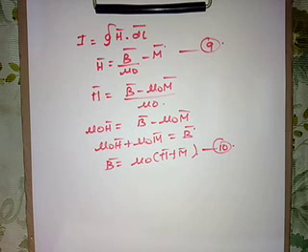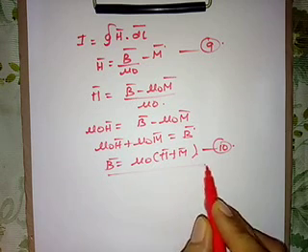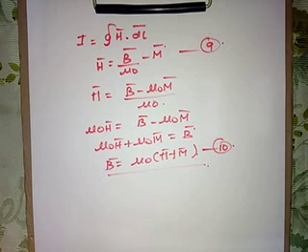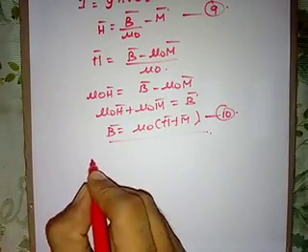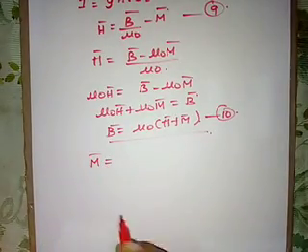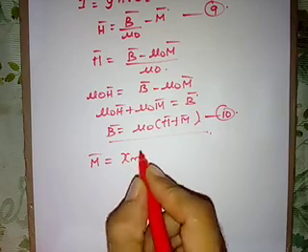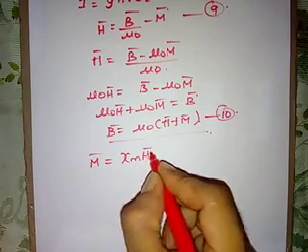This equation holds good for all the materials, for any type of magnetic material. For isotropic magnetic materials, that is the materials in which permeability and other properties are the same throughout the material, the equation for magnetic moment is M bar is equal to xi m into H bar.